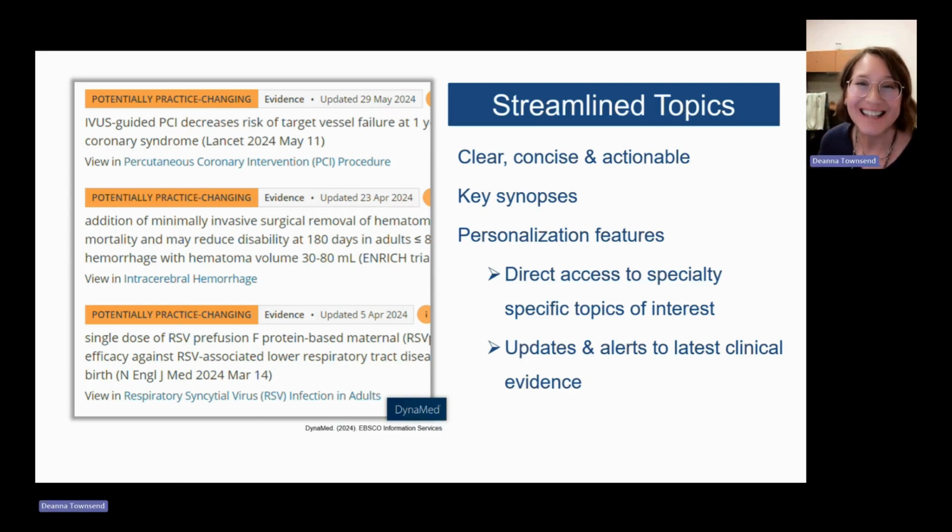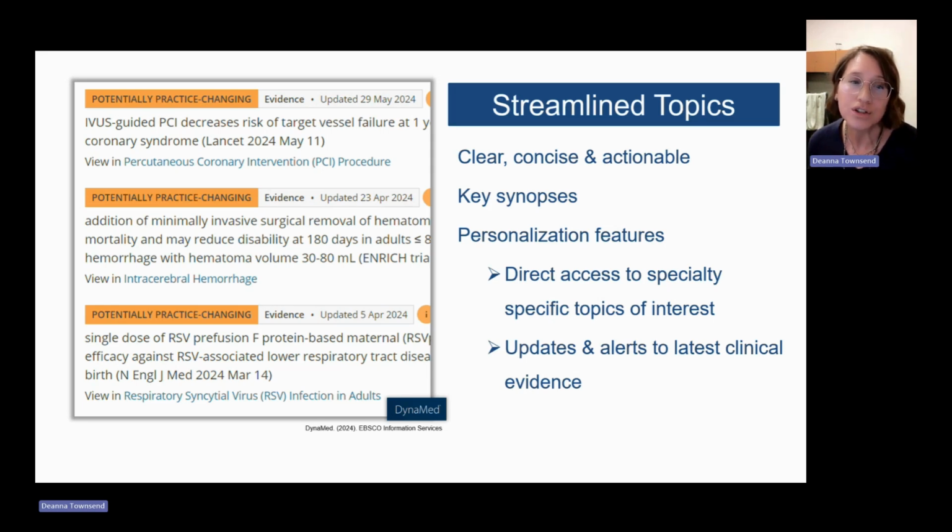If you were able to attend our session last week by my colleague Ashley, she talked about staying current with medical research and highlighted DynaMed's practice alert feature. And that's the component of really personalizing a tool to your clinical specialty. So in DynaMed, you can personalize the features.